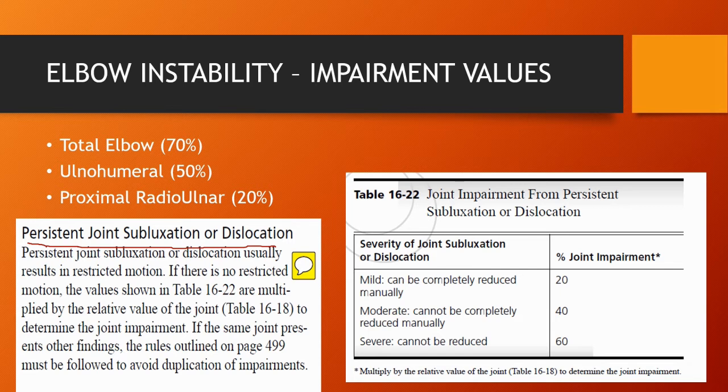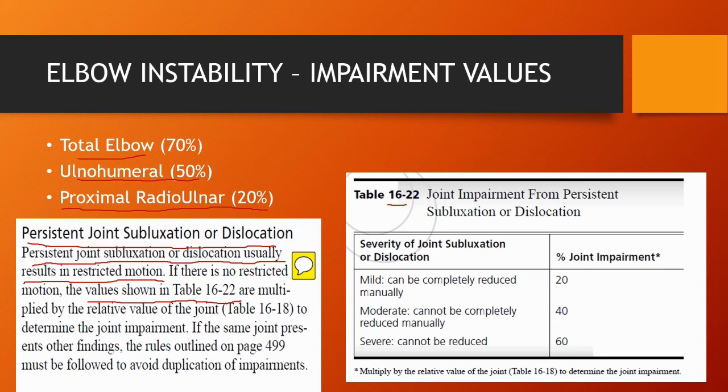So this impairment, persistent joint subluxation or dislocation, usually results in restricted motion. If there is no restricted motion, the values shown in Table 16-22 right here are multiplied by the relative value of the joint. So we had the total elbow at 70%, we had the ulnohumeral joint at 50%, and the proximal radial ulnar joint at 20%.